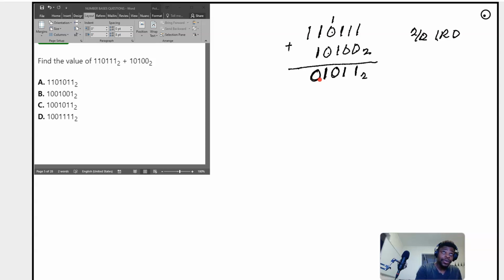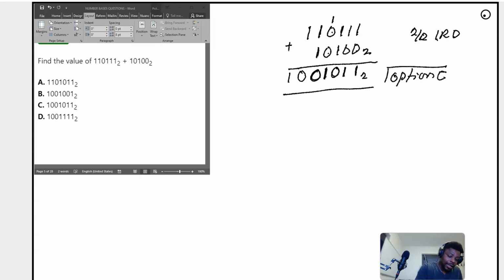Once you put 0 here, you look up which one is close to what you have. Now, in this case, we are still having the same thing with A and C. So carry 1 here. This is 2, and this is 0 and 1. So our answer is 1001011. So that is option C.